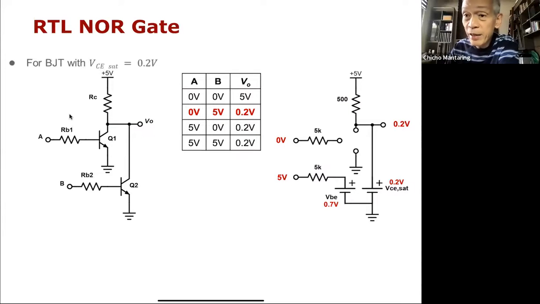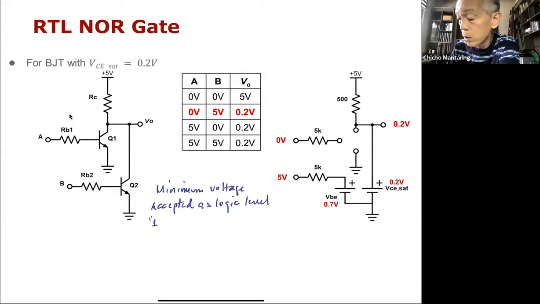But the minimum voltage that will be accepted as a logic level 1 should be computed based on this current.